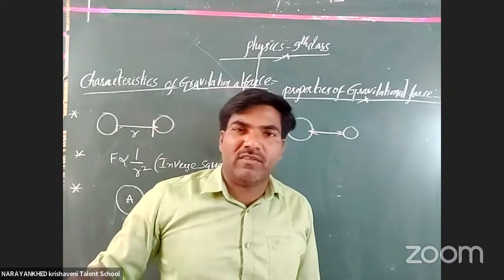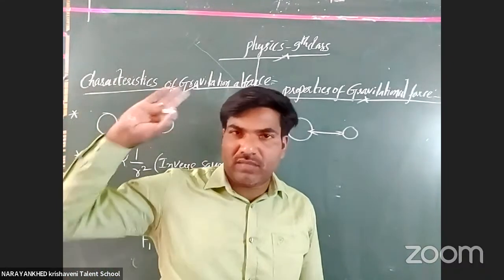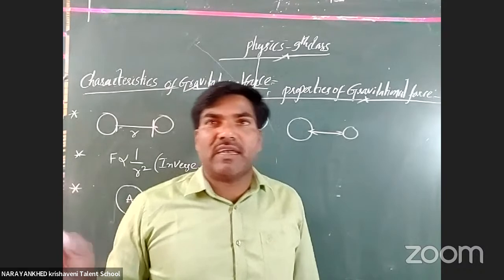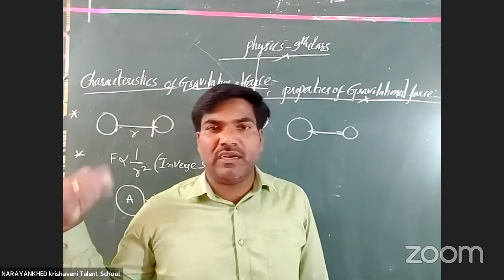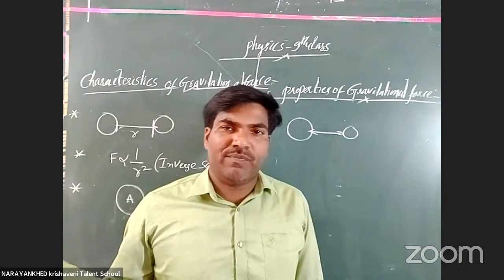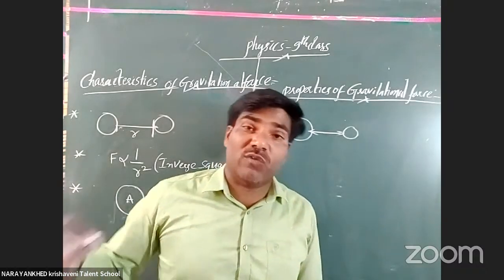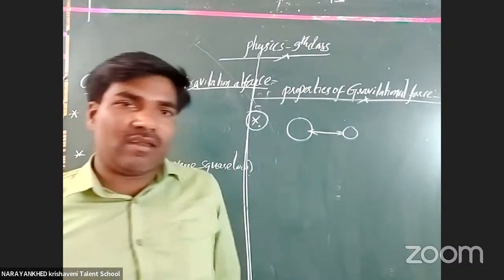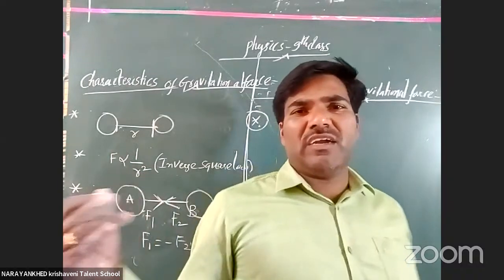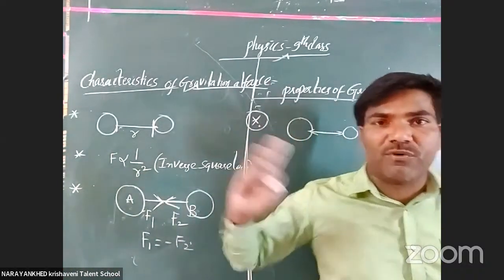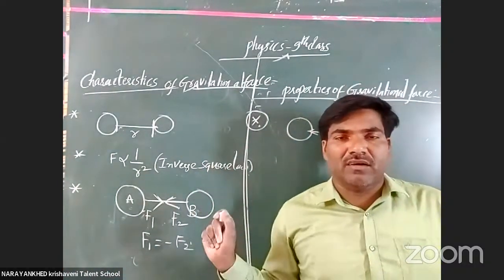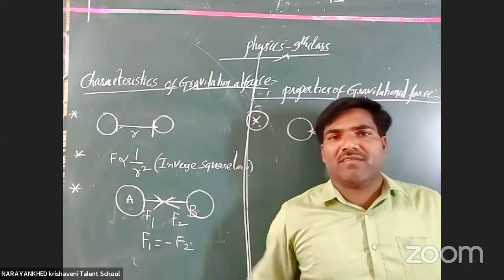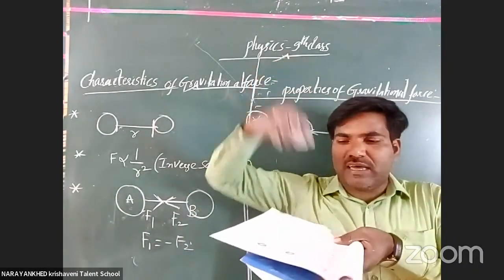For example, suppose there is the sun. Between the sun and the earth, and between the sun and other planets, there is a medium, a vacuum. Whatever the medium, the gravitational force of the sun does not vary. Suppose this chalk piece is without the book, or with the book.